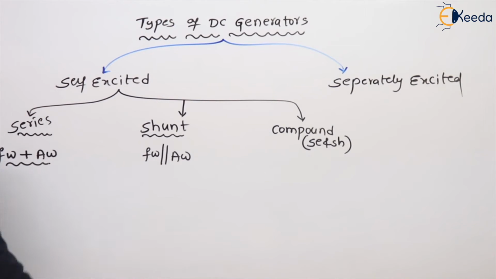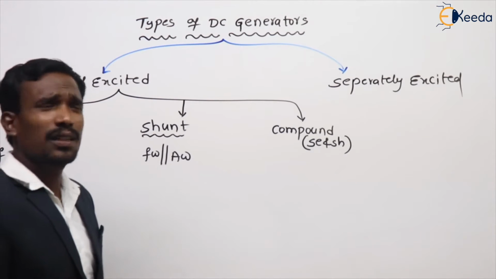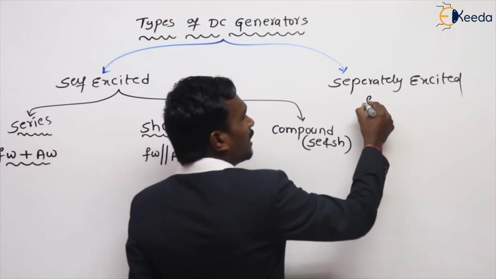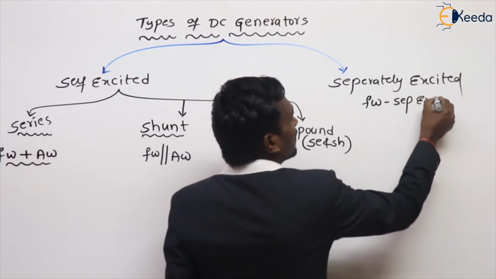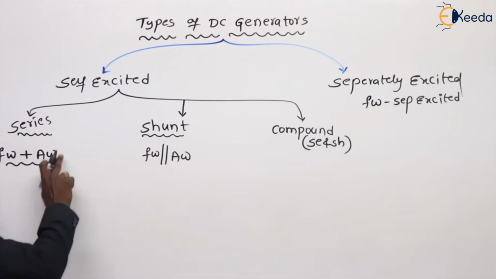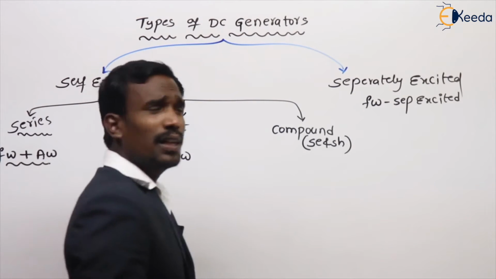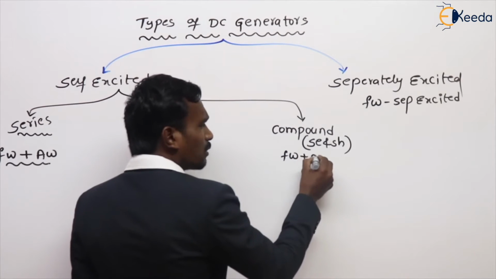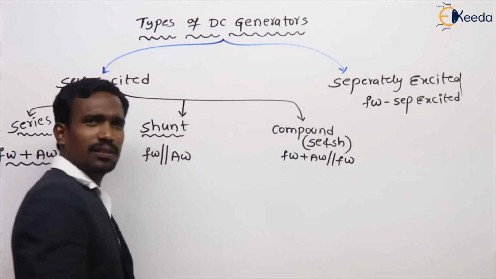What is a separately excited generator? Here, the field winding is separately excited. What is compound? Here, one field winding is in series with the armature, and another field winding is in parallel with the armature.